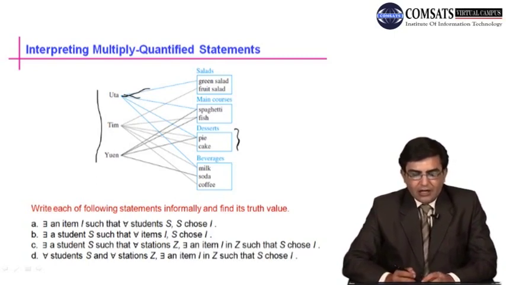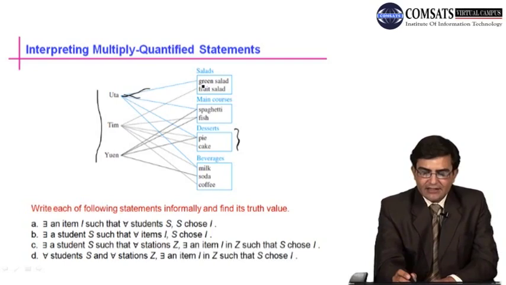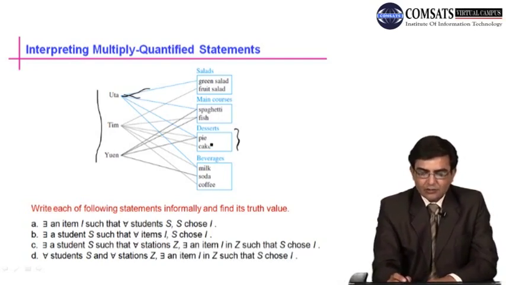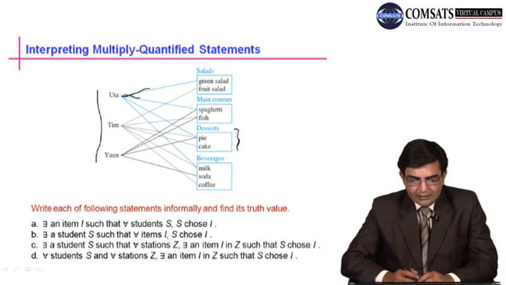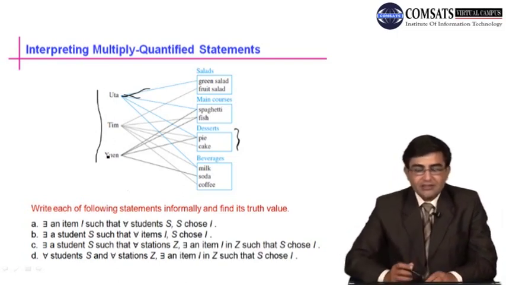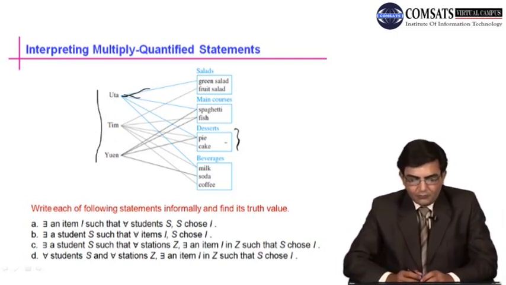For example, the first student, Uta, selects green salad from the salad station. From the second station, main courses, he selects spaghetti. From the third station, desserts, he selects pie, and from the fourth station he selects milk. So in the form of a figure or graph, we can represent all the choices of these 3 students.